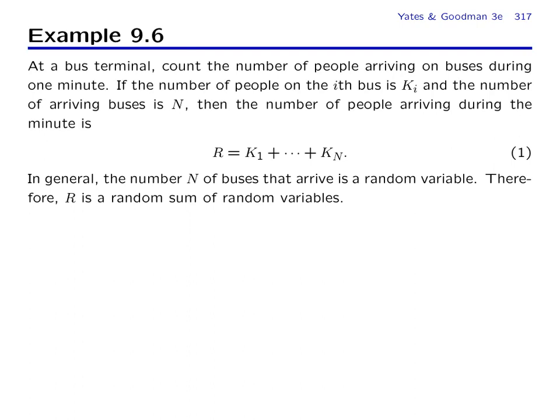For some reason, you're adding up random variables, and the number of random variables you'll add up is also random. So here's a good example. You count the number of people arriving on buses during 1 minute. And the thing is that the number of people on each bus, say the ith bus is ki, that's a random variable.